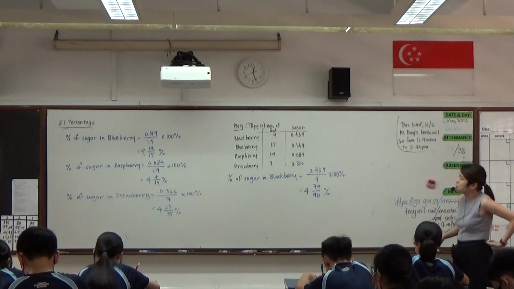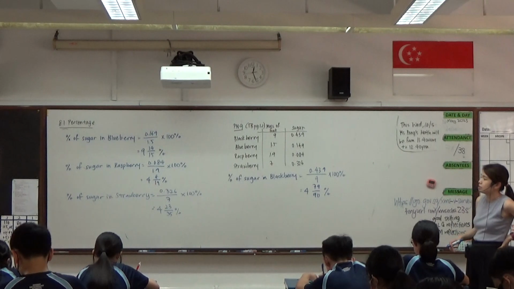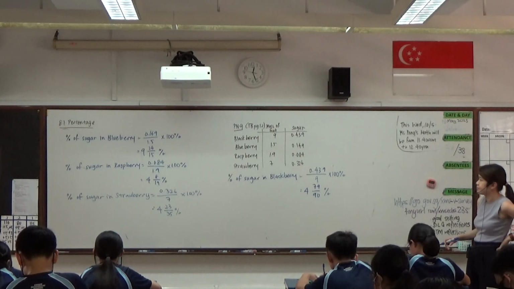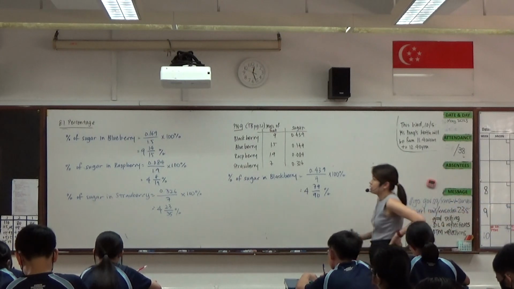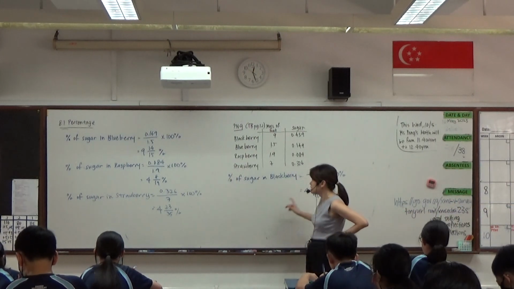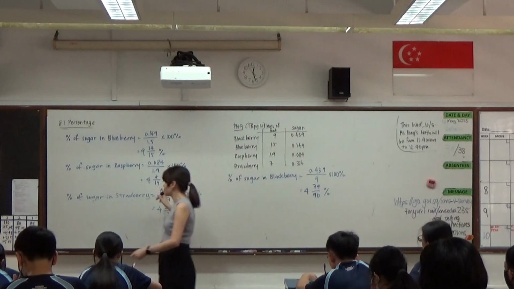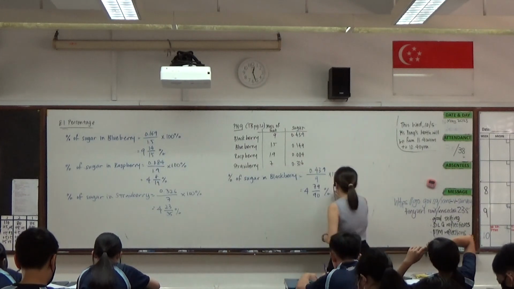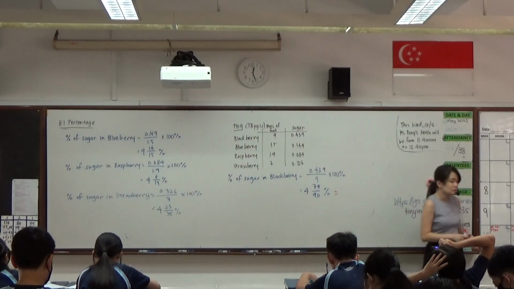Because she needs to cut down on sugar intake, which berry should she actually eat? We find that sometimes all these are mixed numbers, difficult to tell, so you may want to know what it is in decimal as well.